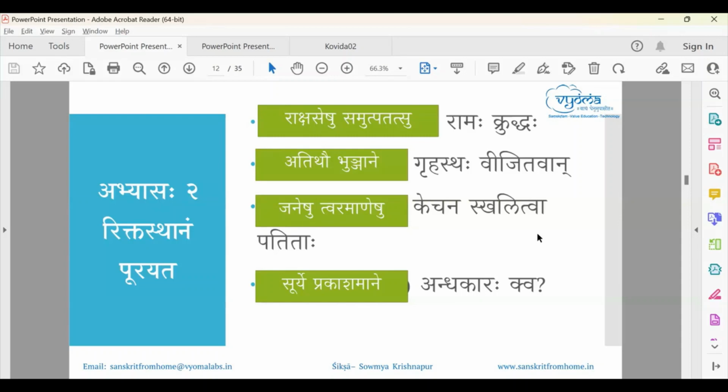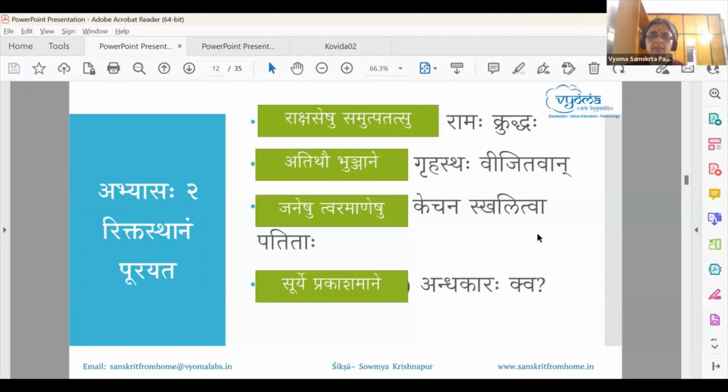Surye prakashamane andhakaraha kwa. When the sun is shining brightly, why is there darkness? No, where is darkness? Kwa is where.